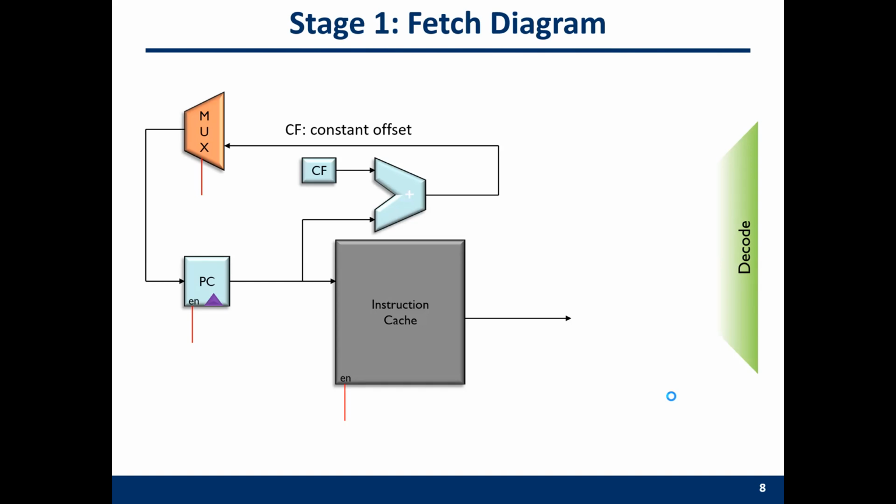In the normal case, we just add one value. If we add a constant value, it means that your application or your code runs sequentially, just line by line. Each instruction is 4 bytes, but on a 64-bit machine, it's 8 bytes.